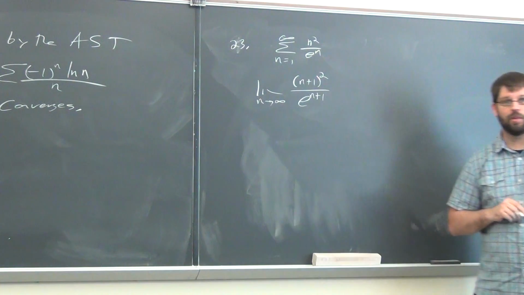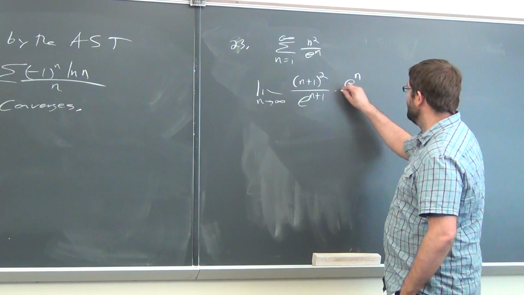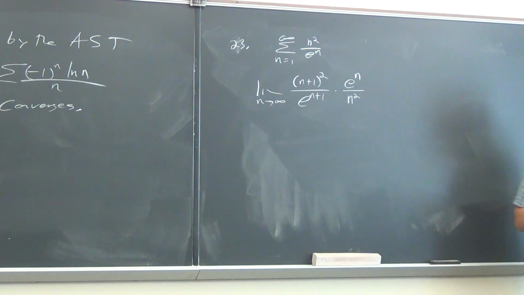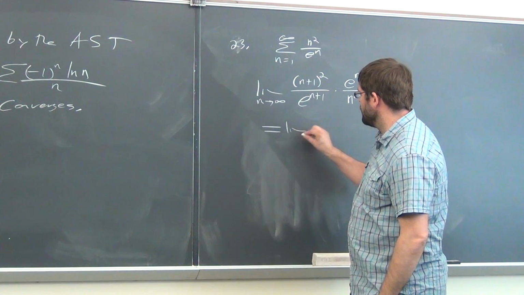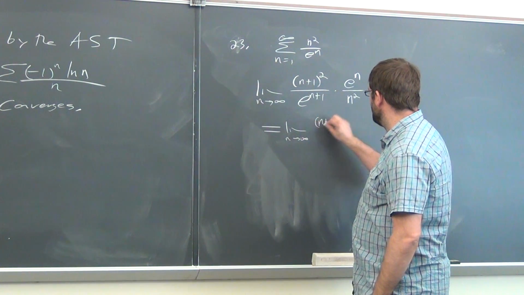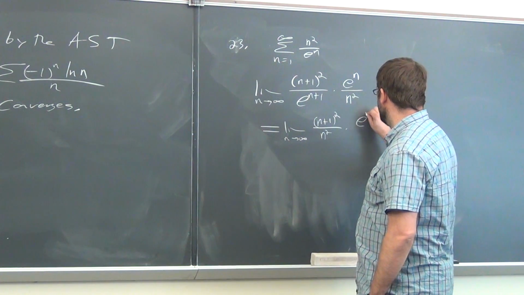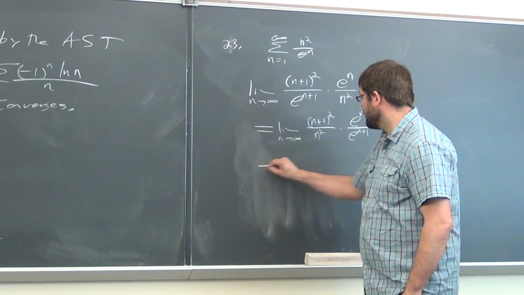Plug in n plus 1, you get that, times e to the n over n squared. This time I'm not even bothering with the absolute value because everything's positive. Same, so you can clean some things up from there, or I'll just write it like this. This is n plus 1 squared over n squared, and then e to the n over e to the n plus 1. Just rearranging things.